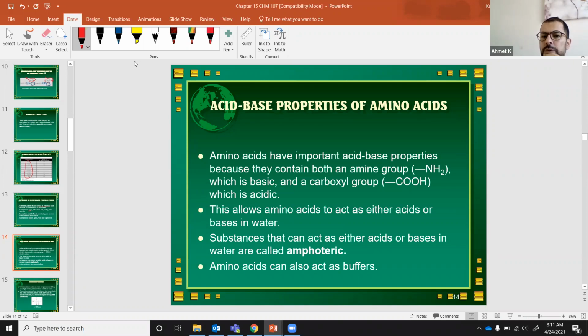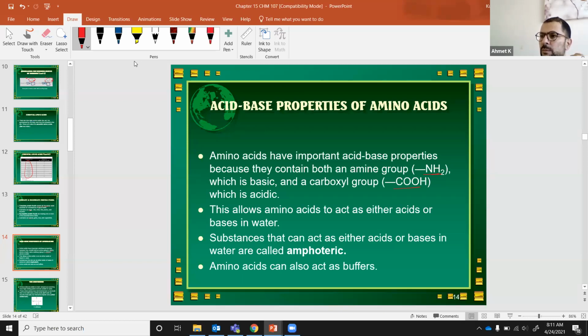And so again, if we go back to amino acids, we already said that it has an amine group and a carboxylic acid group, okay? And so this allows amino acids to act as either acids or bases in water. And this is just a technical term.